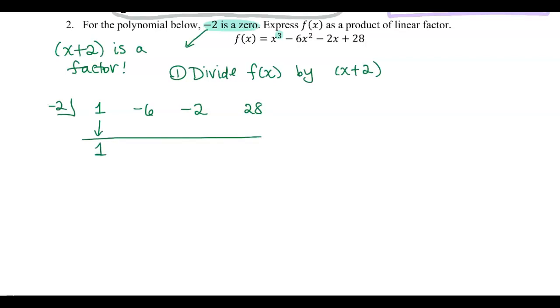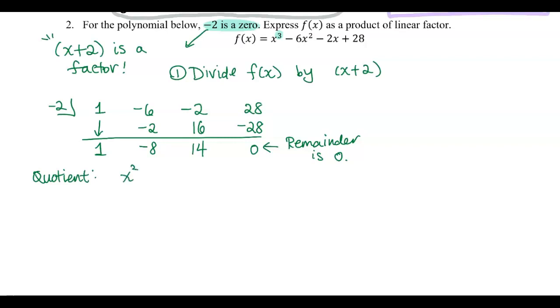So 1 comes down, multiply and add. Multiply and add. And look at this. -2 times 14 is -28, and we get the remainder of 0. And that is exactly what we expected. Because if x plus 2 is a factor, the remainder has to be 0. So let's go ahead and write the quotient, which is 1x squared minus 8x plus 14.